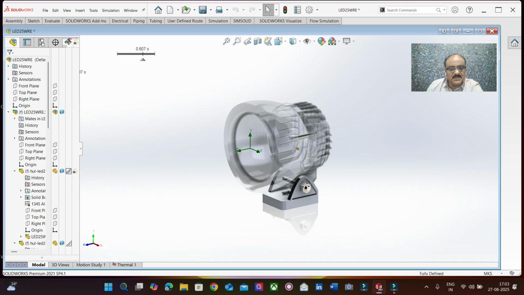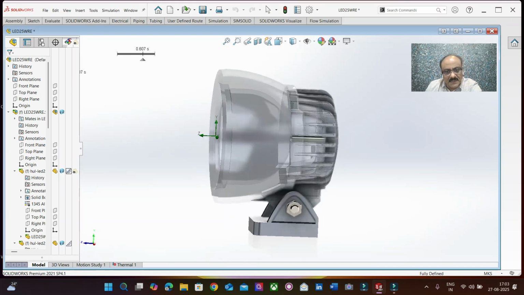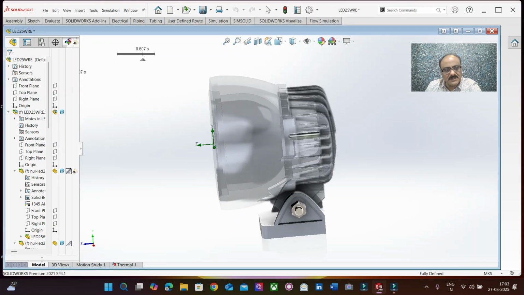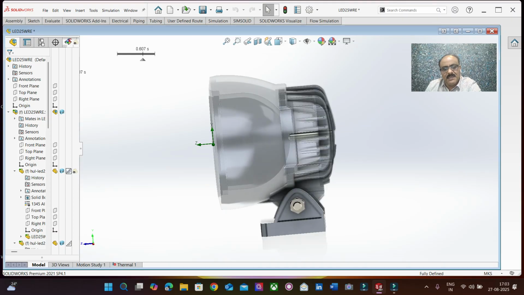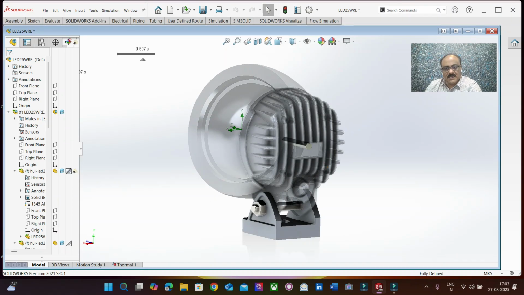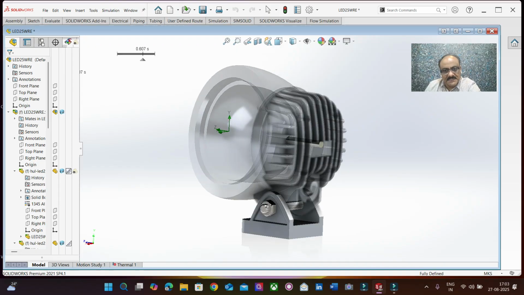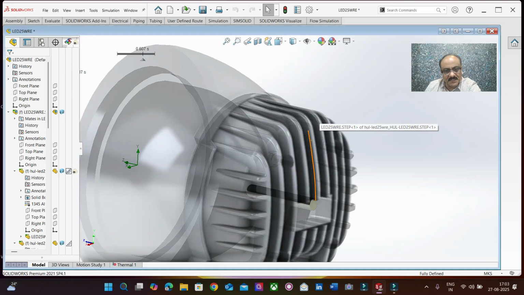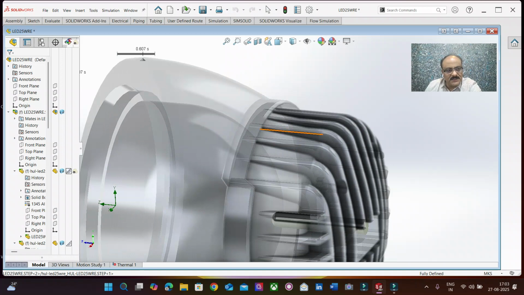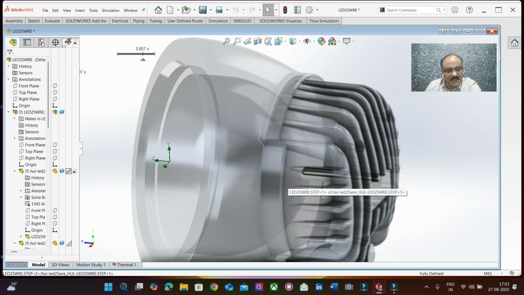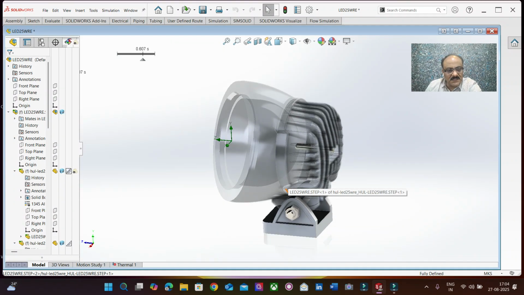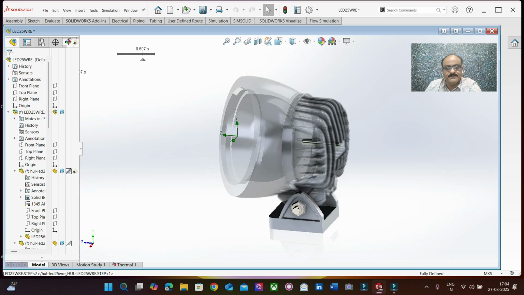So here, let us consider the same projector lamp that has got a head, and it has got the tail part. The tail part is integrated with the heat sink. Okay, and this heat sink is designed in such a way that it has got a fin. So why this is appearing like this is we have applied certain material properties.